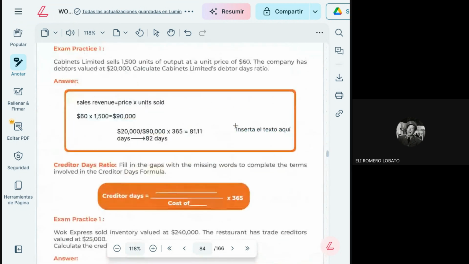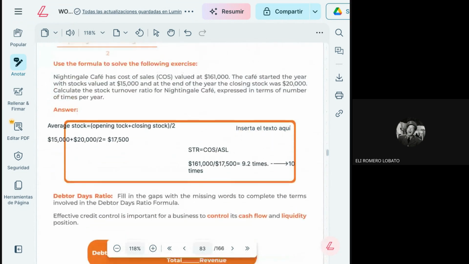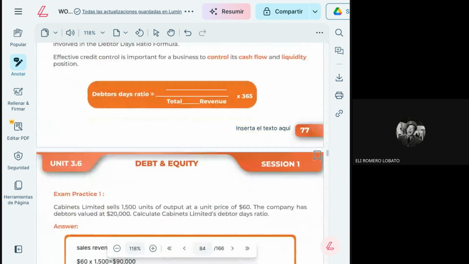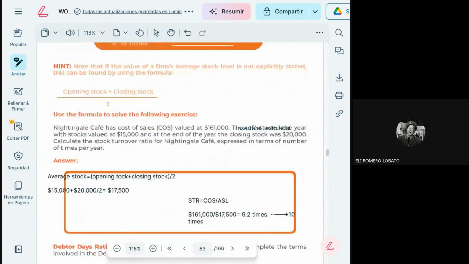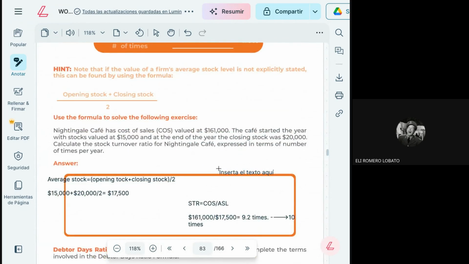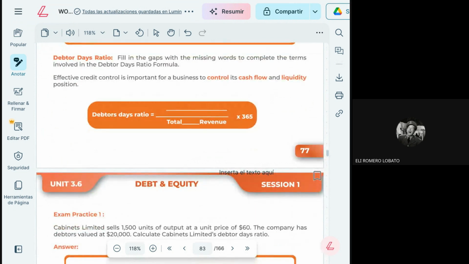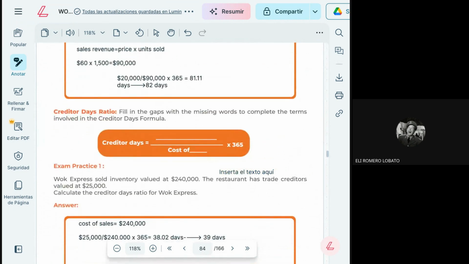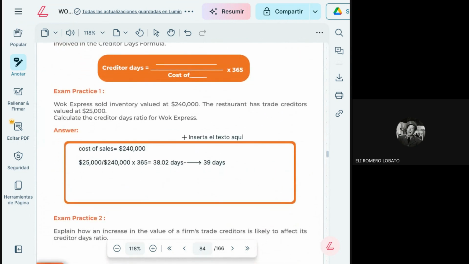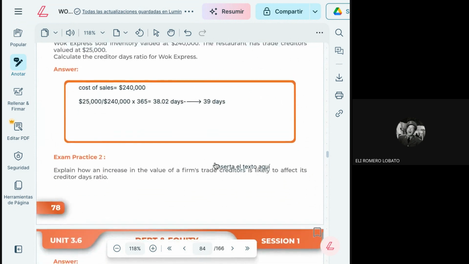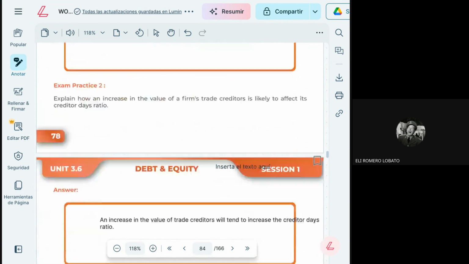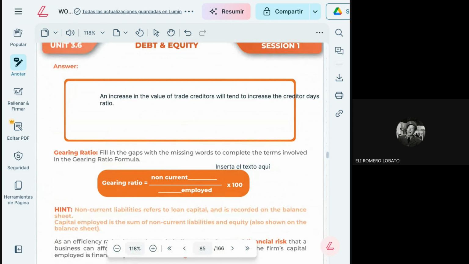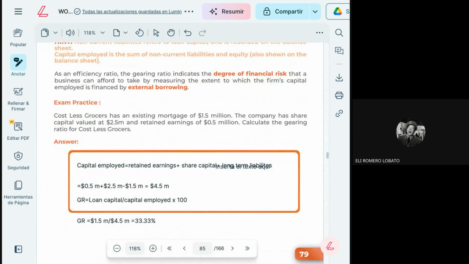So with that, guys, we already have the answers for page 77 to calculate the stock turnover ratio, page 78 to calculate the debtors days ratio, the same page 78 to calculate the creditors days ratio, and the last, page 79, to calculate the gearing ratio.